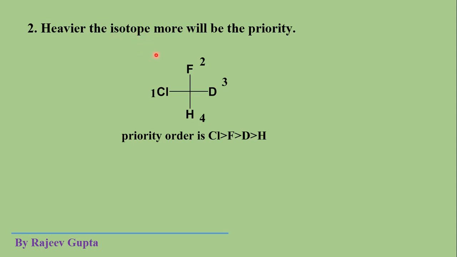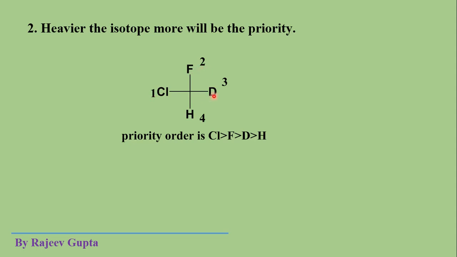First we check the atomic number, then we move towards the isotope, meaning neutron numbers. The directly attached atoms are chlorine, fluorine, deuterium and hydrogen. First we check atomic number. Chlorine has the highest atomic number of all, so it gets number 1.